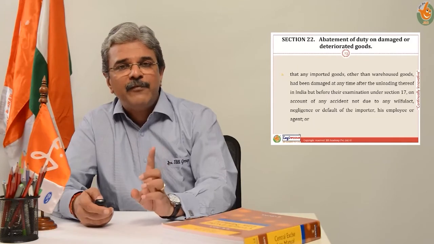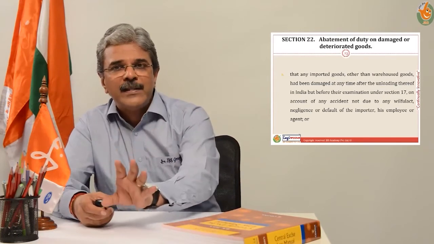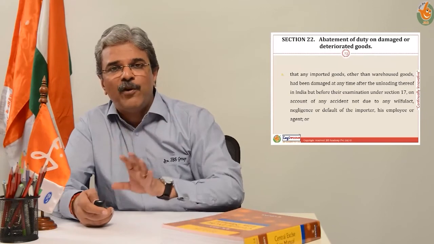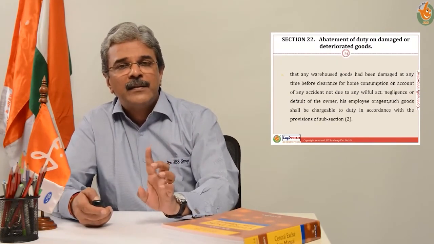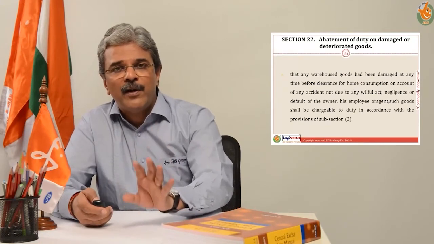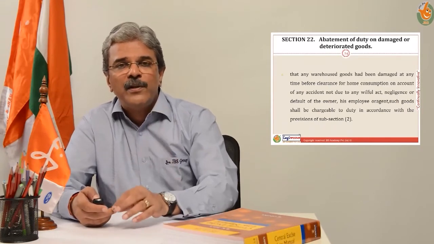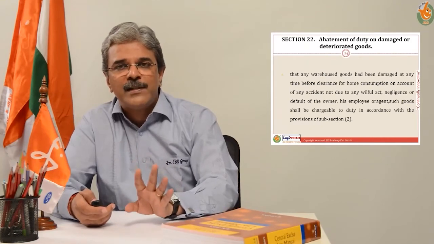Secondly, they have been damaged or deteriorated not due to the willful act of the importer or his agent, but they have happened after unloading and before out of charge on a home consumption bill of entry. And the third is when they were lying in a bonded warehouse and some damage or deterioration has taken place to them, not due to the willful or known act of the importer or his employee or his agent.